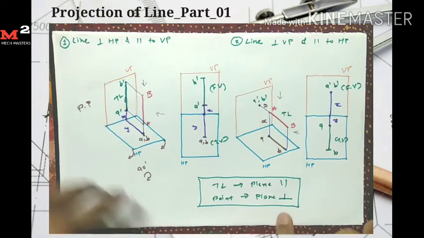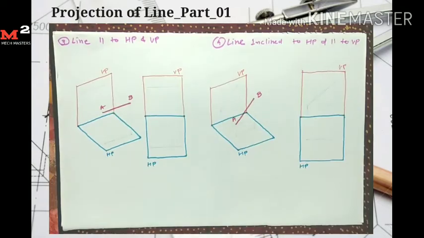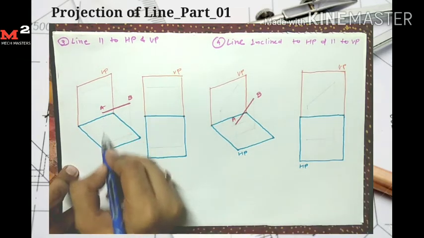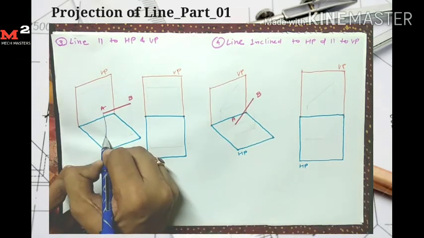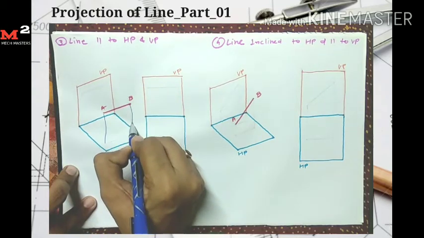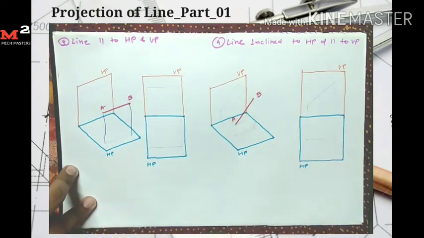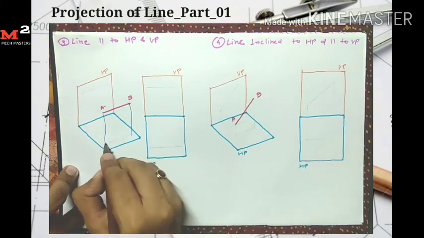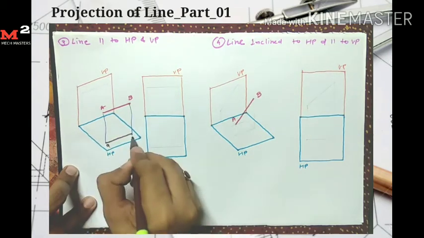Okay, let's see another case. The third case is line is parallel to both HP and VP. So we get the true length on HP as well as VP because line is parallel to HP as well as VP. So here I just take the projection on a horizontal plane to get its top view. Here I get its top view and give the name AB.